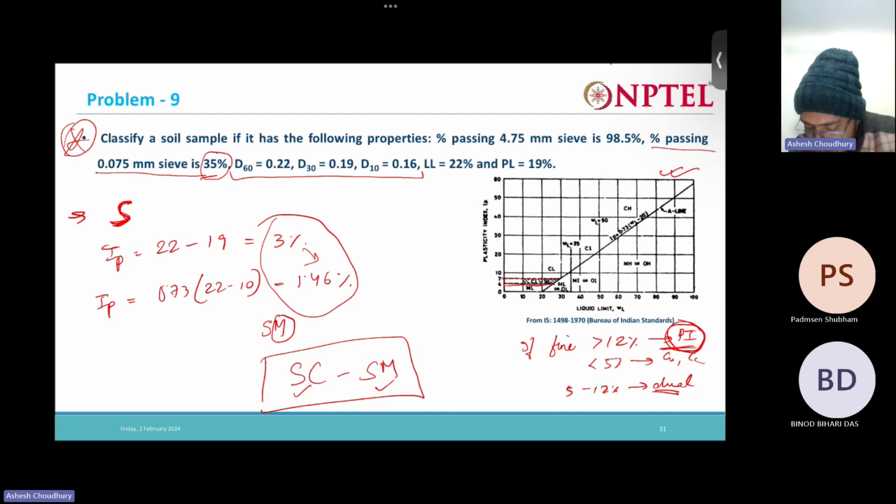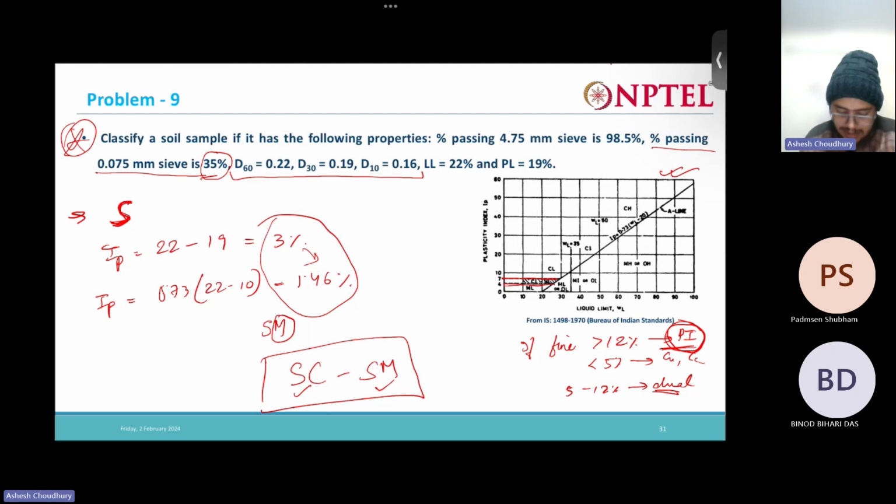The plasticity chart says that if the plasticity index is between 4 and 7%, then we need to have dual classification. Understood? Okay. This will actually have dual classification.